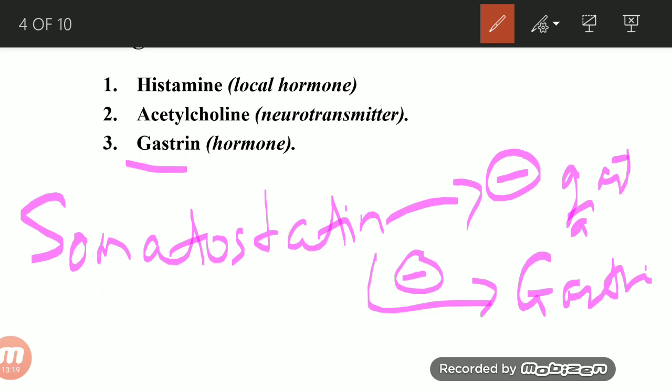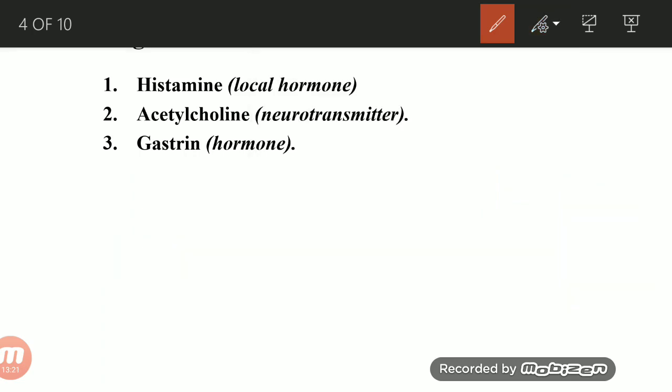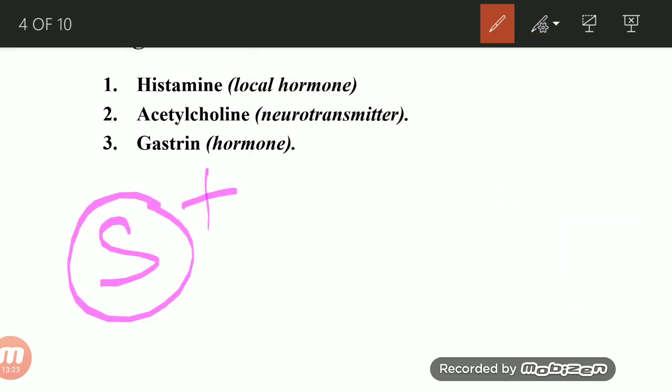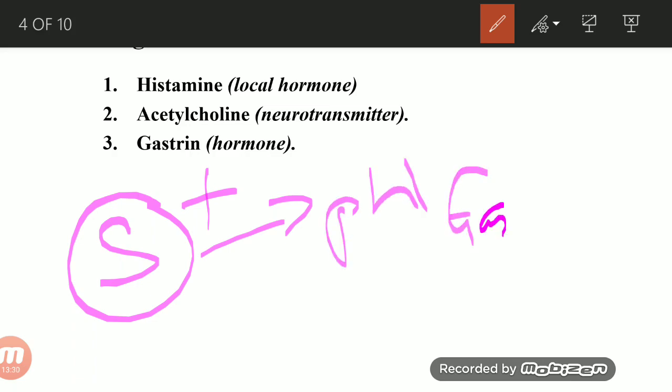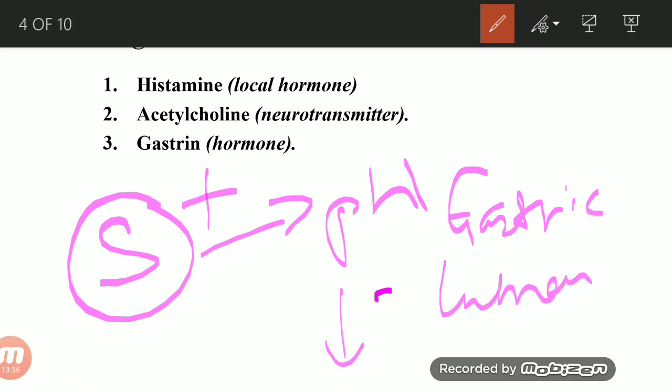Okay, and this somatostatin is generally activated whenever the pH of your gastric lumen falls below 3. So whenever the pH of your gastric lumen falls below pH 3, then there is secretion of your somatostatin.